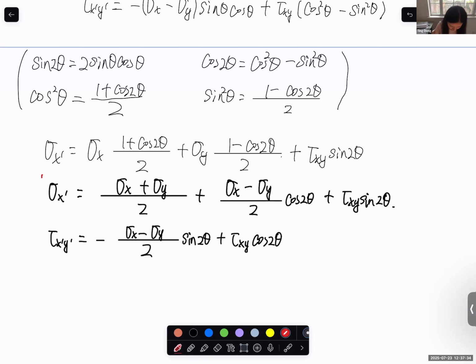So these are the two very important equations that we need to use for stress transformation.